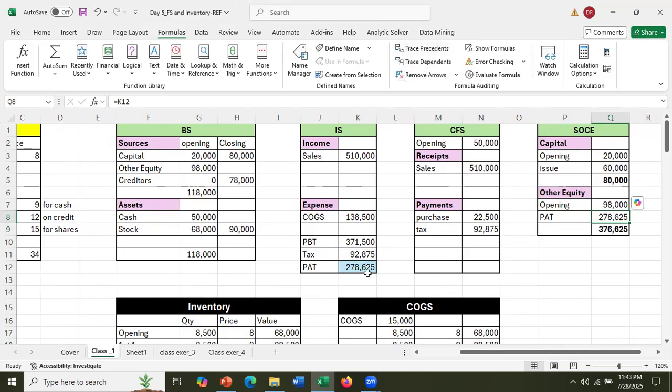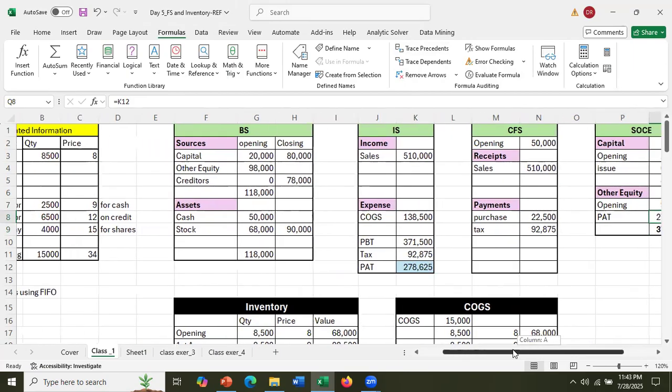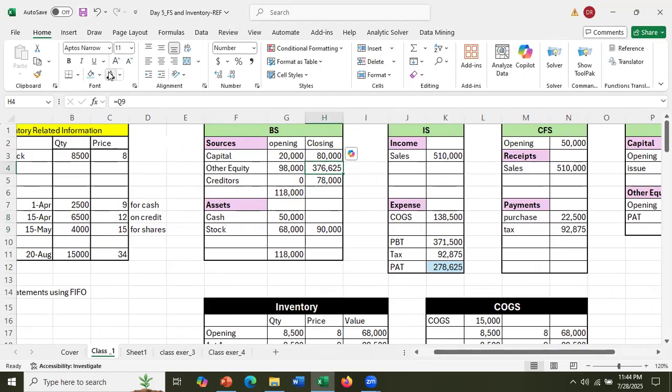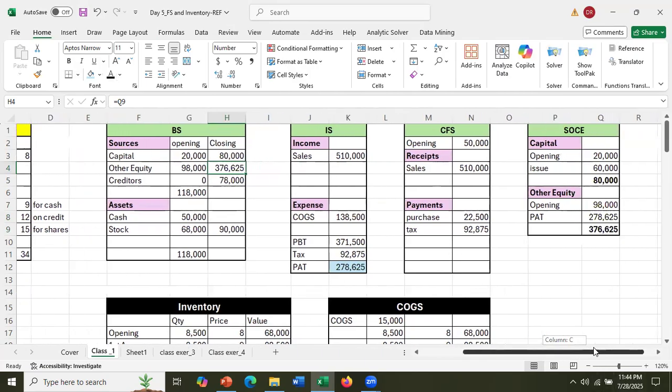There is no dividend, there is no buyback, so the entire other equity will be transferred to the balance sheet because that is the retained profit available. So in this example, other equity only includes retained profit. No premium, no OCIs, so it is only the profit, not distributed. So the income statement is done.